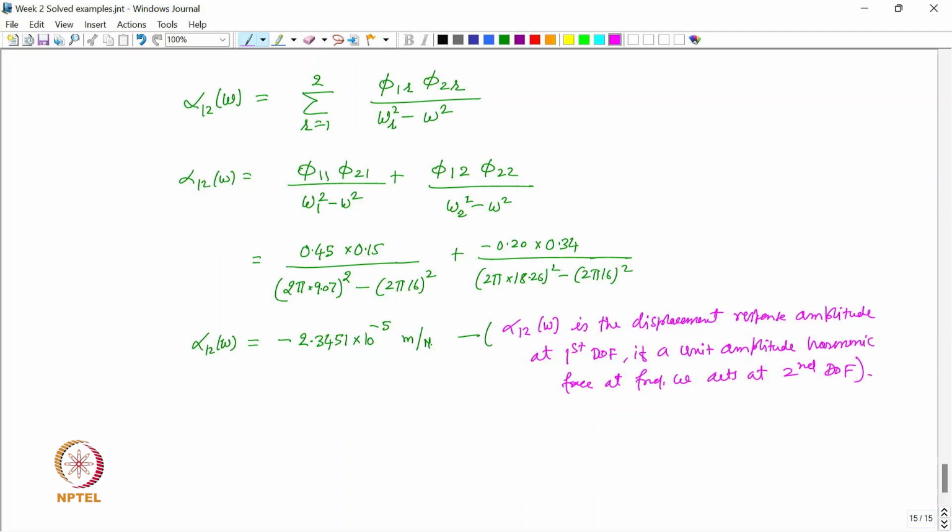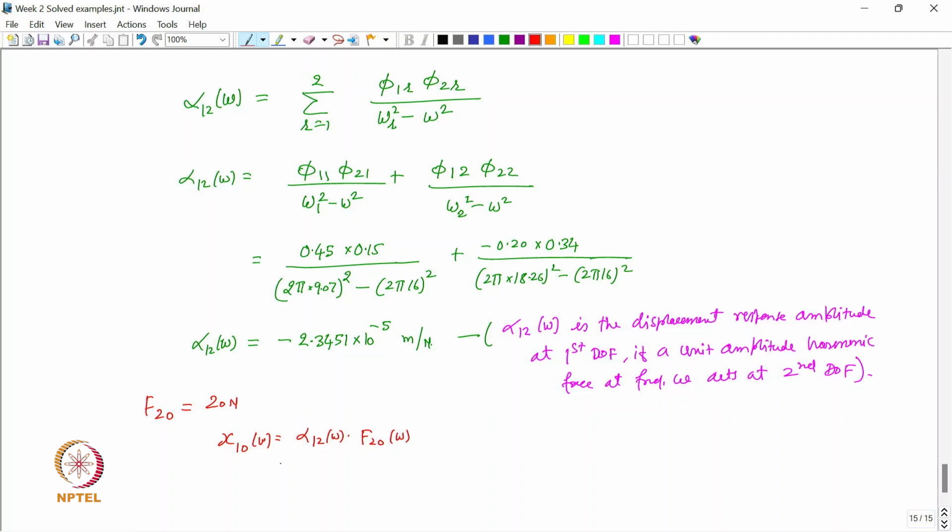And now in our case, we have been given that the force which is acting at the second degree of freedom, the amplitude of that force is 20, right, and that is why if I want to find the amplitude of the response at the first degree of freedom, then this will be equal to alpha 1 2 at omega into f2 at omega, because it is at a certain frequency, right.